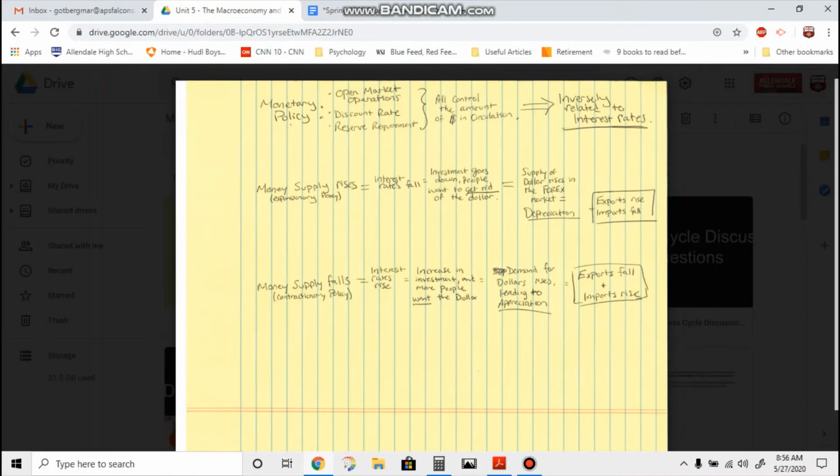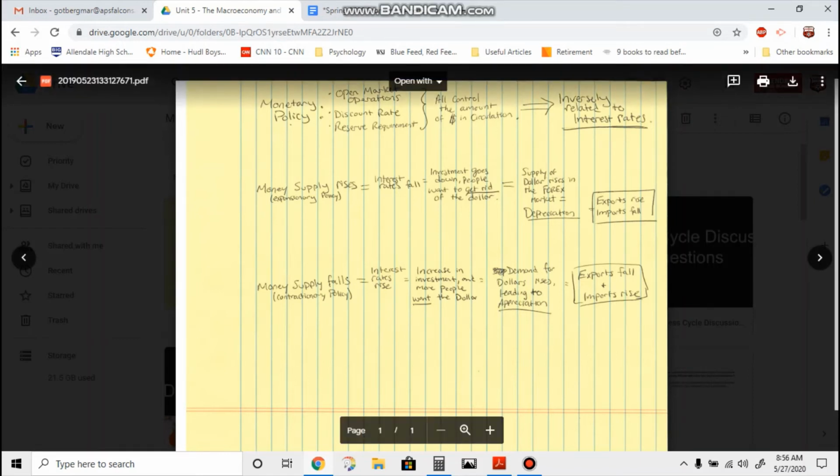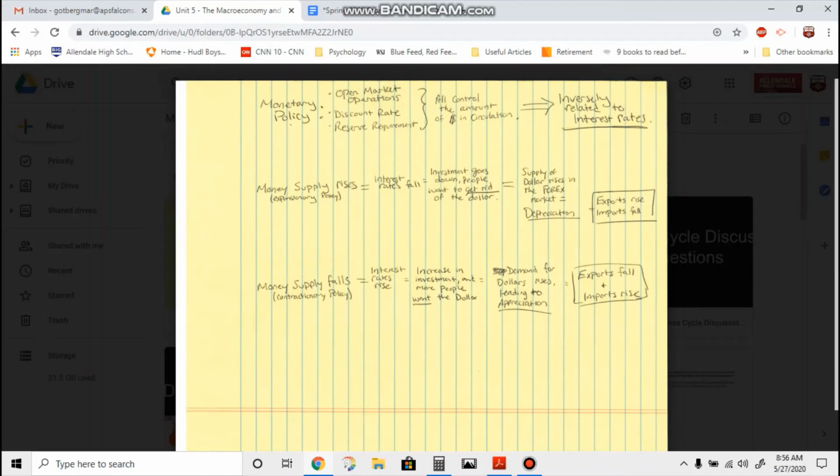And so the supply of the US dollar will rise in the Forex market, the foreign exchange market from yesterday. We want to get rid of it. That means that the supply will rise and the value of our currency is going to fall. We call that depreciation. In yesterday's lesson, when we depreciate, exports will rise and imports will fall.